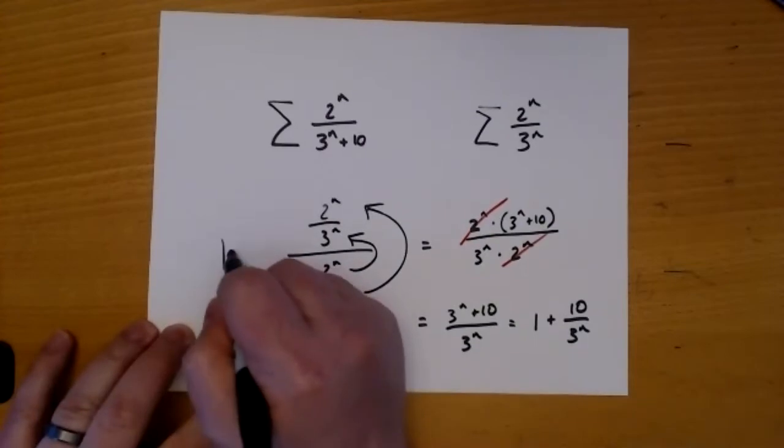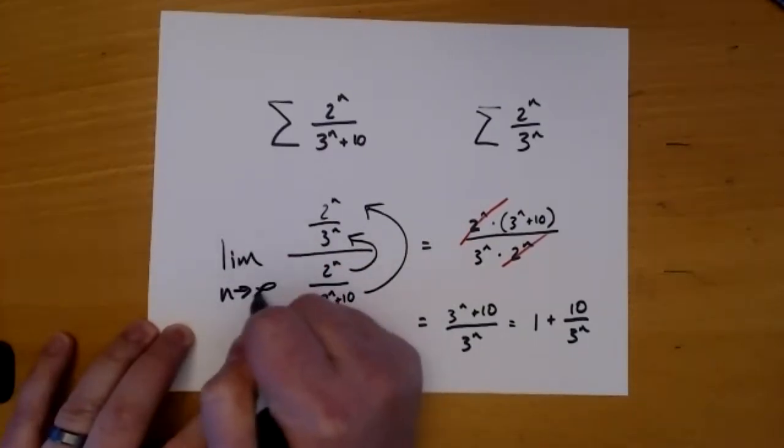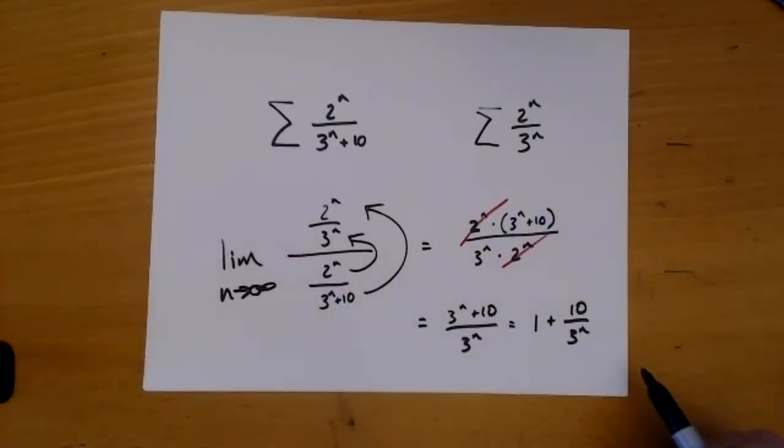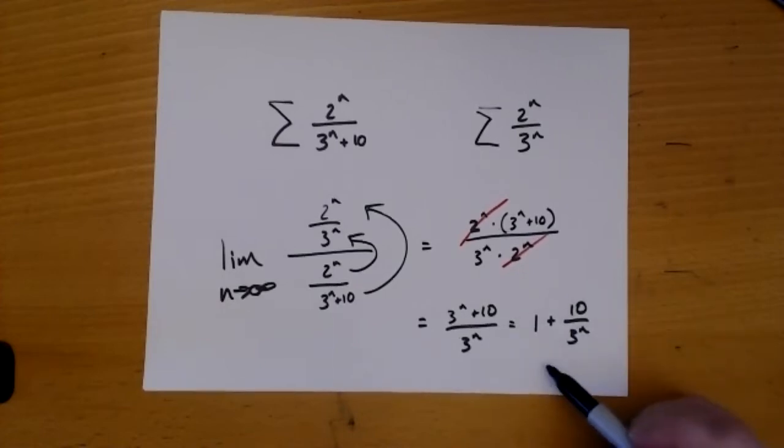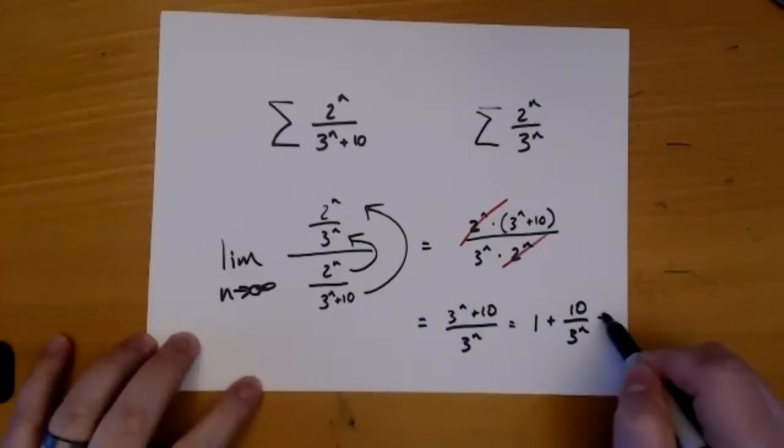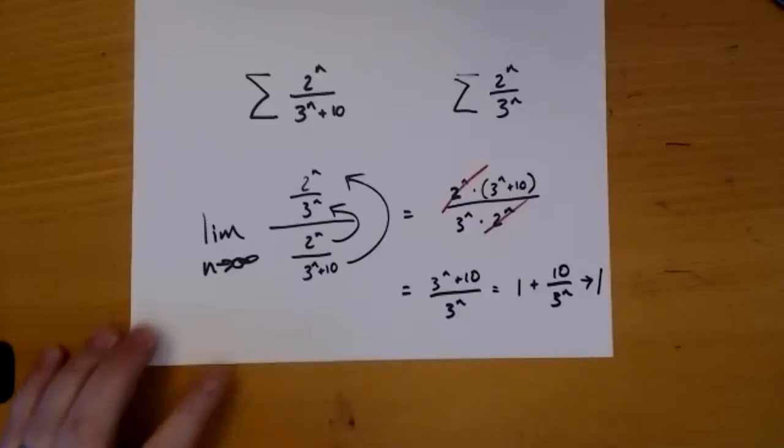I should be saying limit. What happens when I take the limit? The right term goes to 0. So it goes to 1.